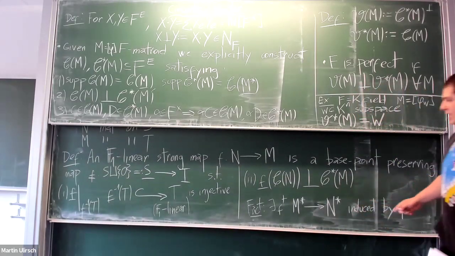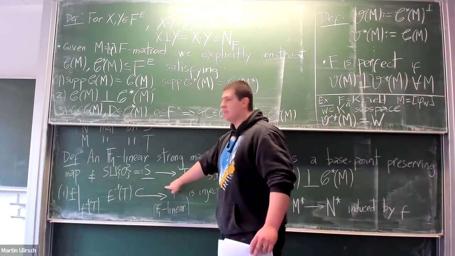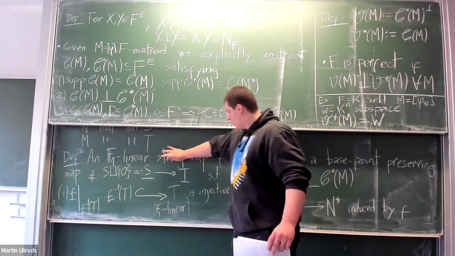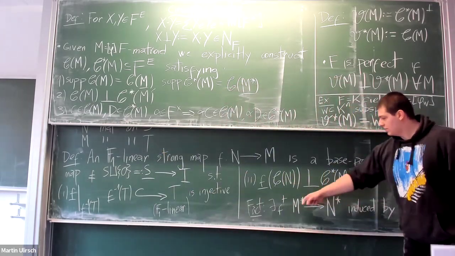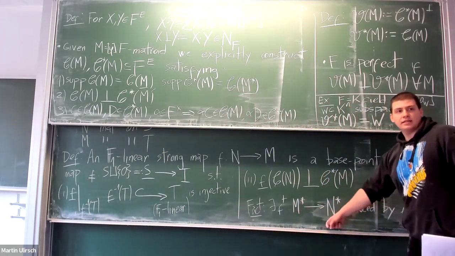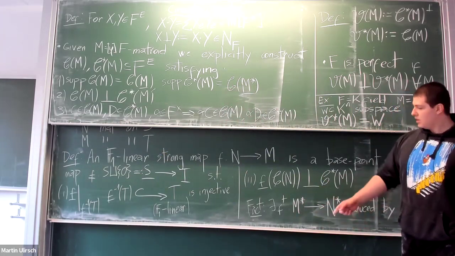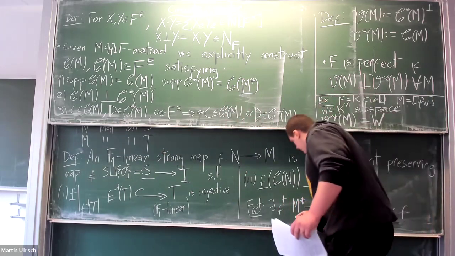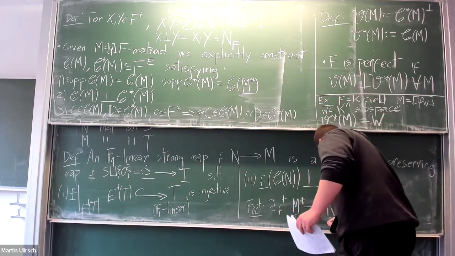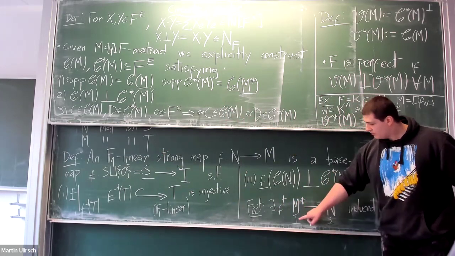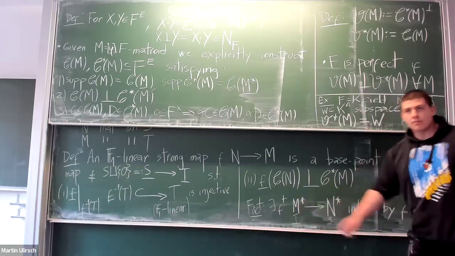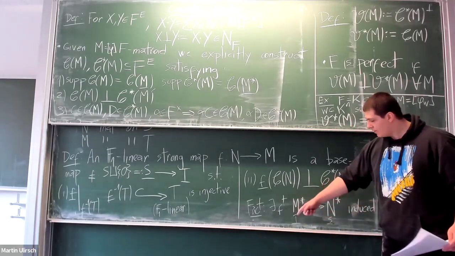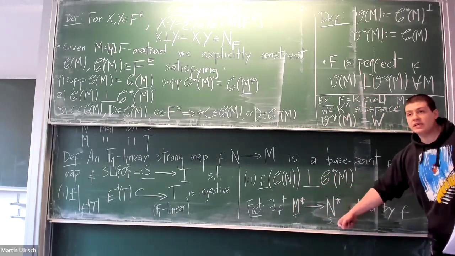If f is an F1 linear map, forgetting the strong part here, we have this map from T underline to S underline. Basically, if an element of T is not in the image, send it to 0. If it's in the image of f, send it to the unique pre-image.